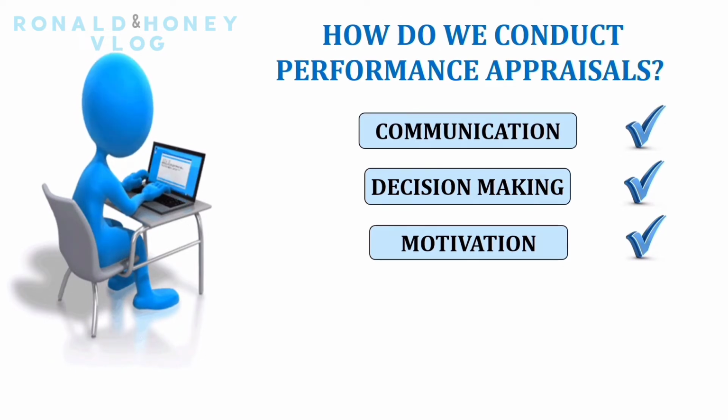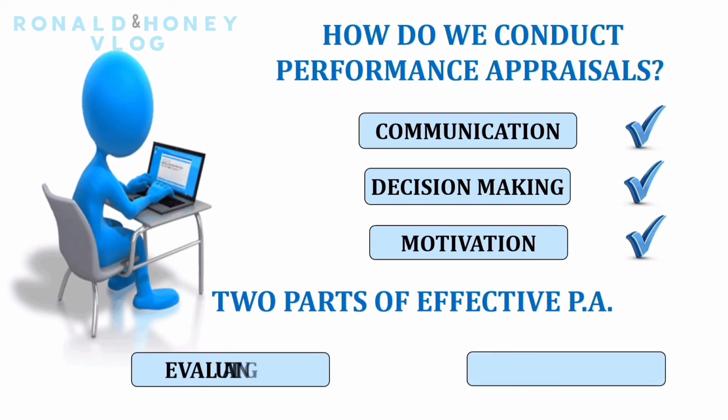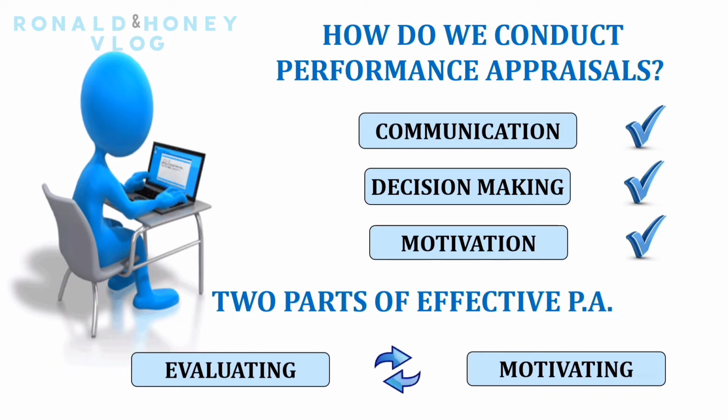And aside from these 3 things, we also have here the 2 parts of effective PA or performance appraisal. The 2 parts of effective performance appraisal are evaluating and motivating. Evaluating or evaluation is the process of judging or calculating the quality, importance, or amount of performance.